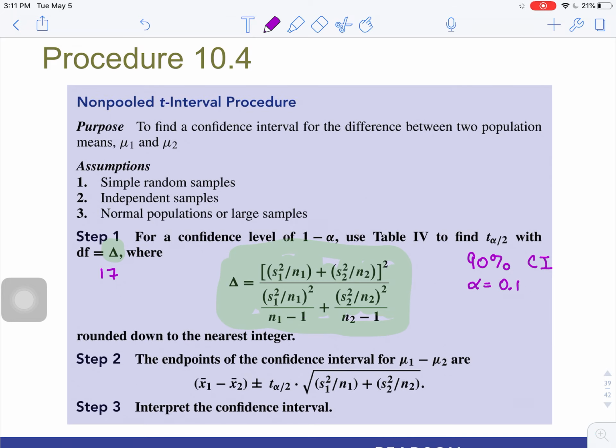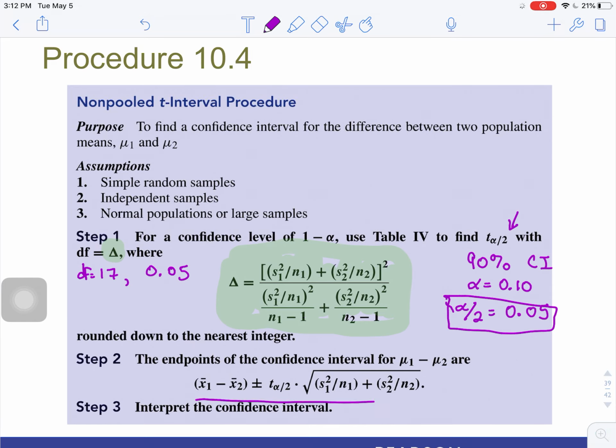So when we're looking at that, alpha is going to be 0.10, but remember, for all confidence intervals, you have to divide by 2. So this is what we need right here, because where we're looking on our table, DF is going to equal 17, and we're looking at the 0.05 column.